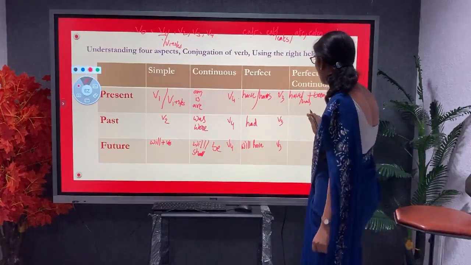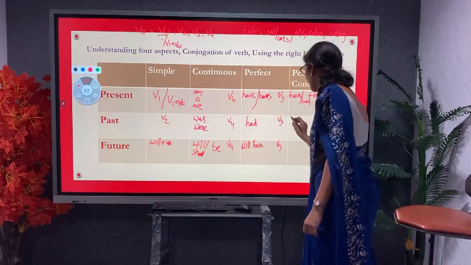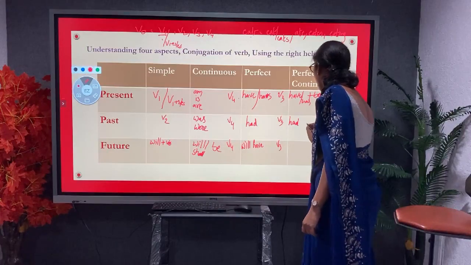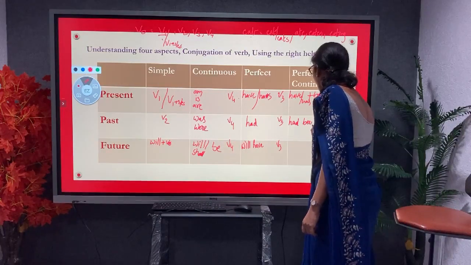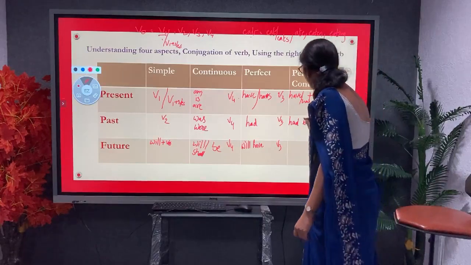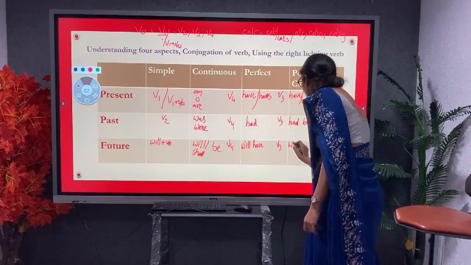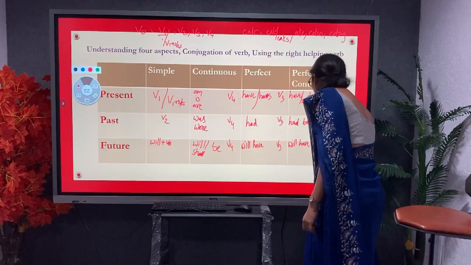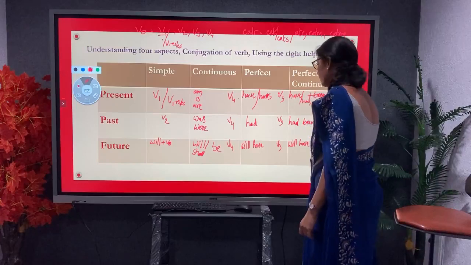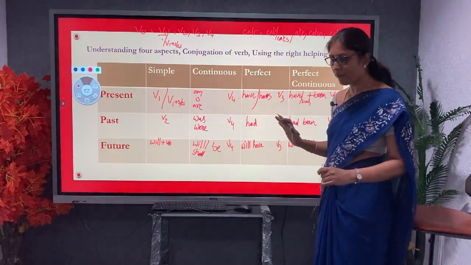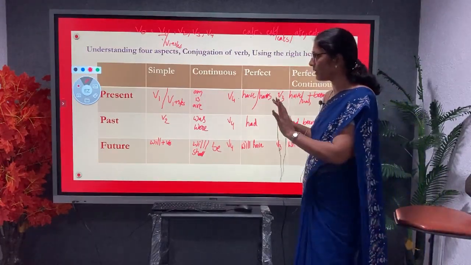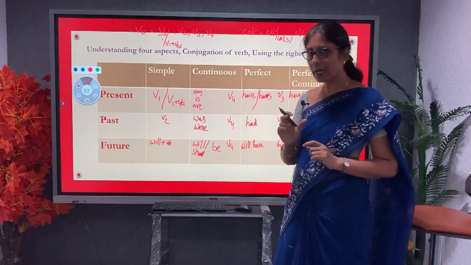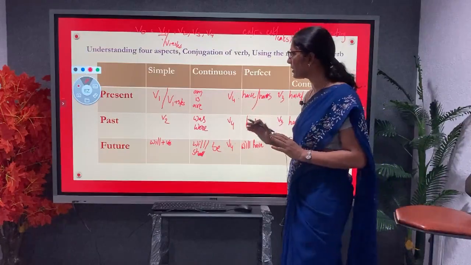For past perfect continuous, perfect means had comes, so to satisfy the rule, had been. For future perfect continuous, future means will, perfect means have been. So this is the way we can simply choose the right verb form and the right helping verb. Now I will revise it.